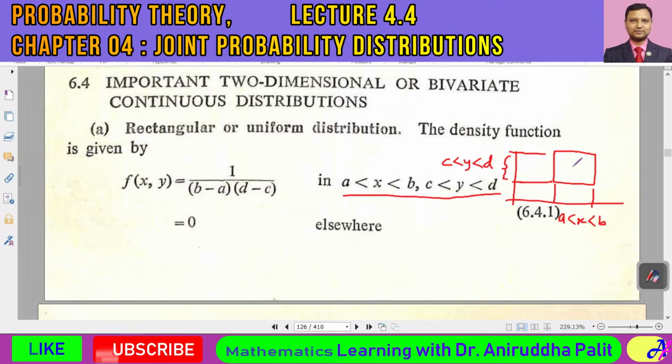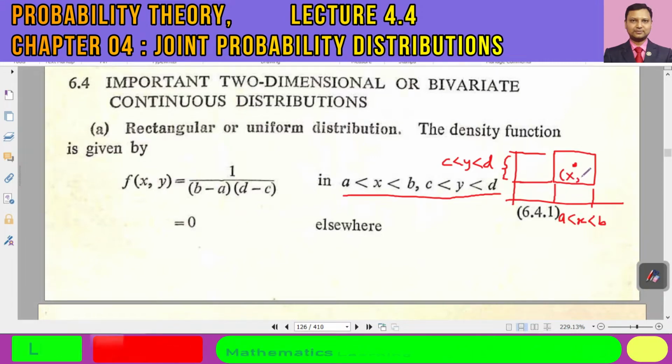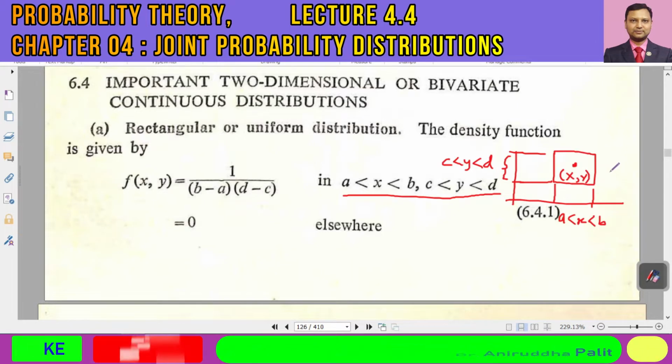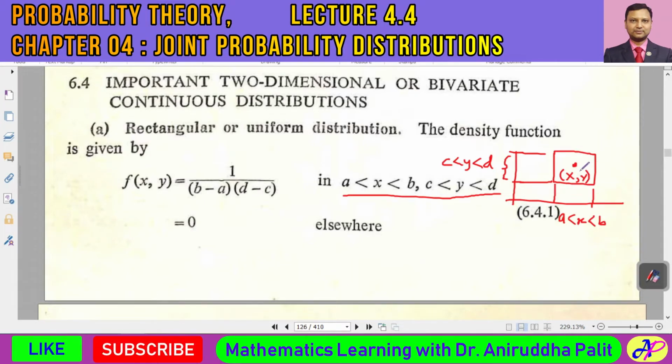So if you consider this kind of point, and it is the value of the two-dimensional random variable x comma y, then we can say that the random variable x comma y lies within this rectangular region.